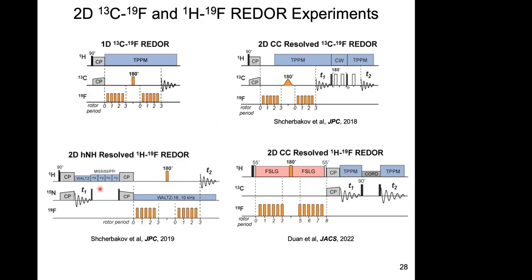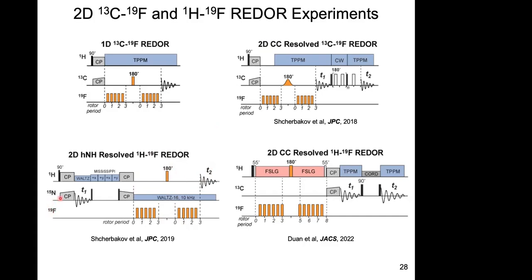Then I can also go to a different way of doing REDOR. Here I want to combine proton and fluorine. If you remember, this is one of the longest distance rulers that I can get to with NMR. And if I want to do that, what would be the 2D I can situate my proton-fluorine in? The best 2D template would be proton detection, direct detection, and nitrogen in the evolution.